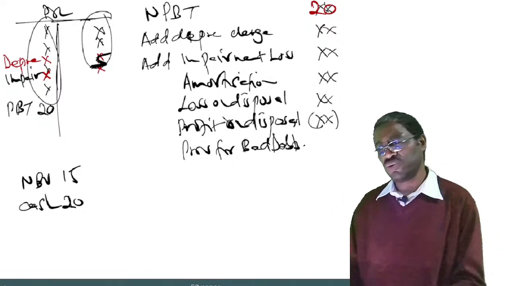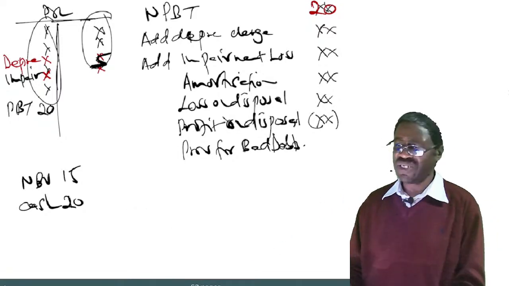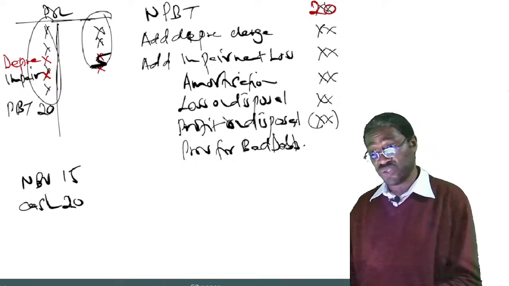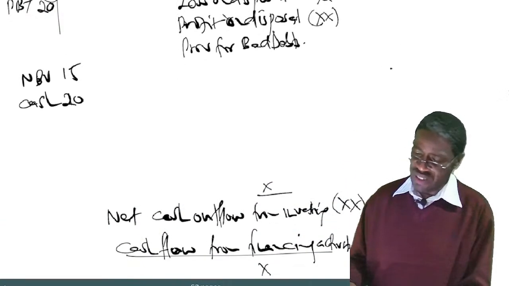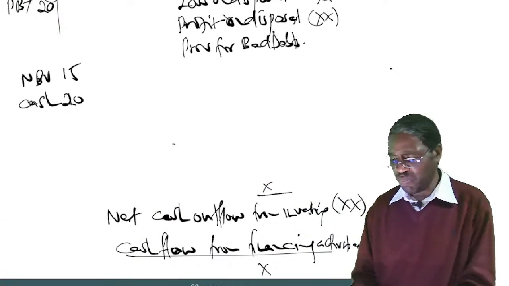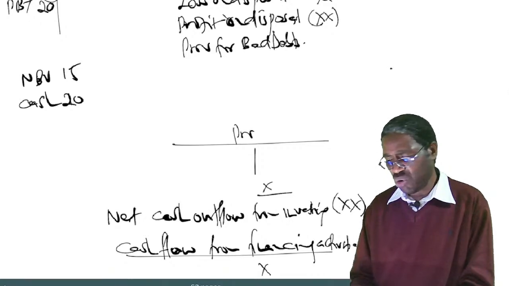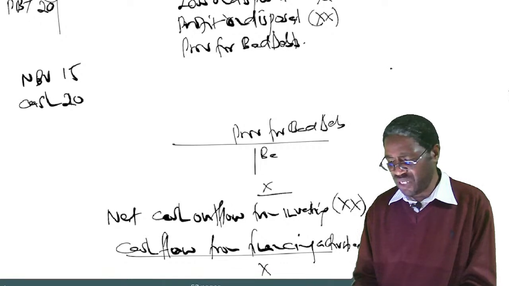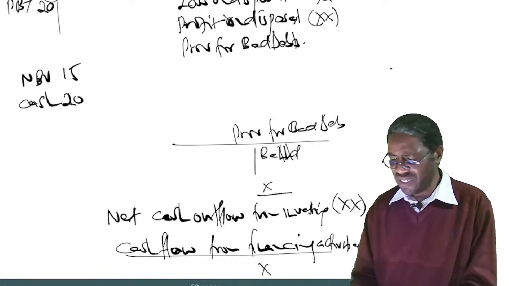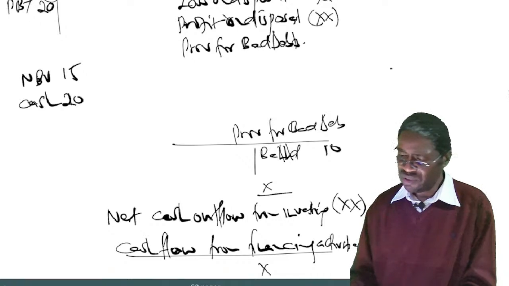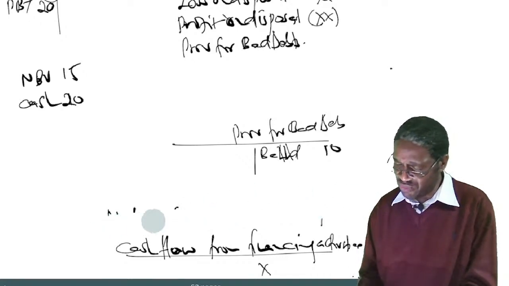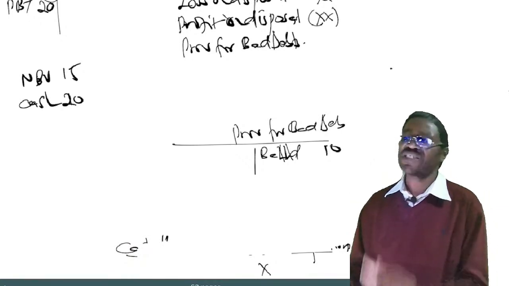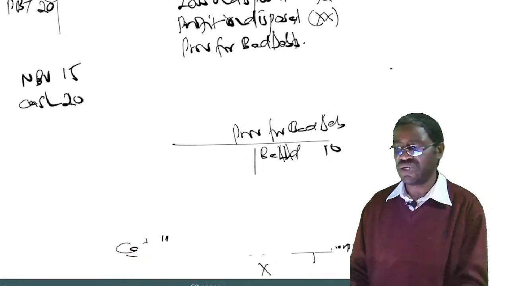You all know that provisions for bad debts can sometimes be a gain or it can be a loss. Using an example, suppose your company prepared an account called provision for bad debts, and by the beginning of the year, your provision for bad debts was 10 million. Then from the additional information in that question, you are told maintain provision for bad debts at 8 million.